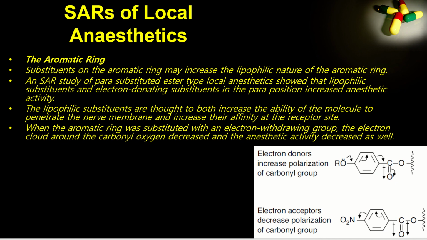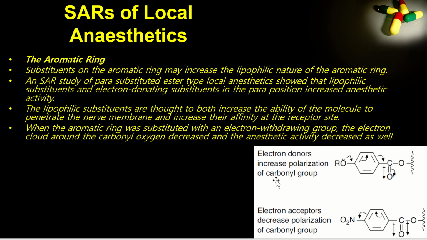So when the aromatic ring was substituted with the opposite, an electron withdrawing group, the electron density around the carbonyl oxygen decreased, and the anesthetic activity decreased as well. So important structure activity relationship seen here, where we need an electron releasing group, right?